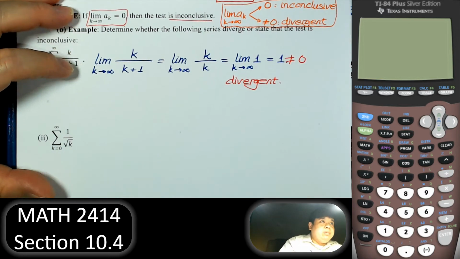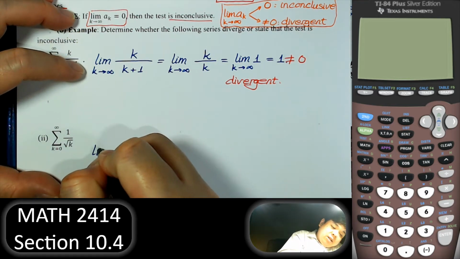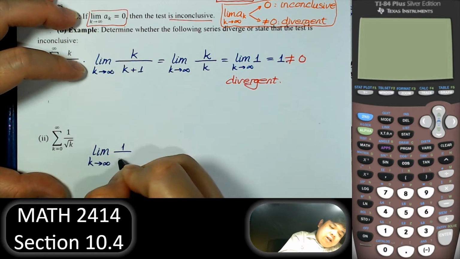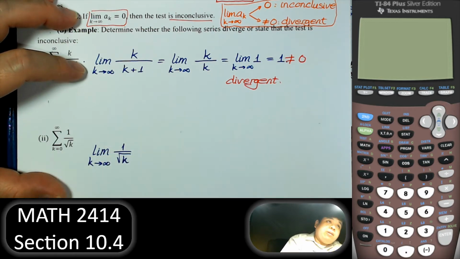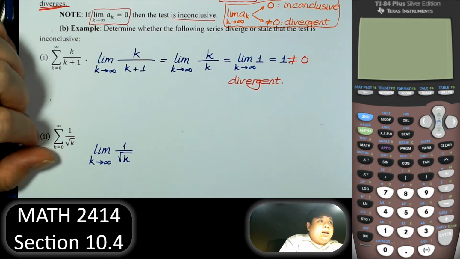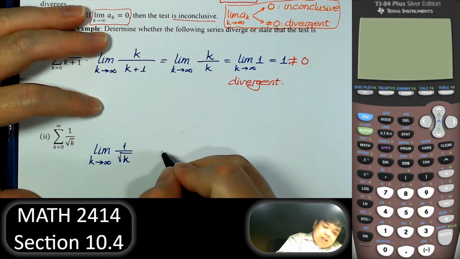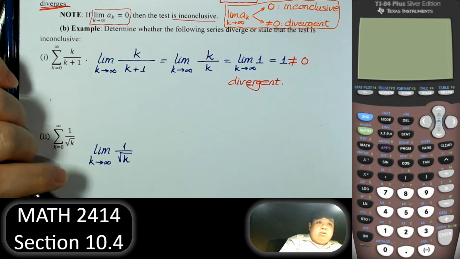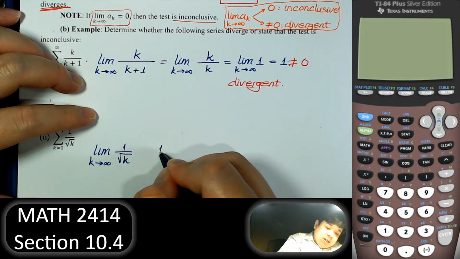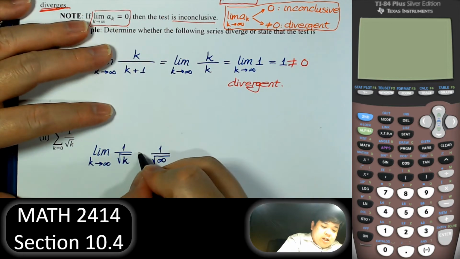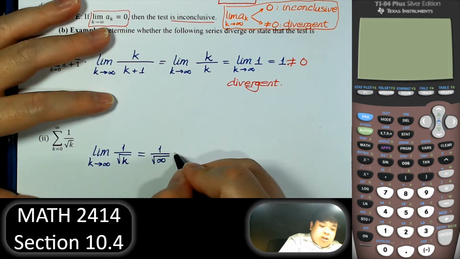Right, next one. Like I said, we just take the limit as k goes to infinity of that. Now, we have infinity here: on the top is a finite number, the bottom is the square root of infinity, still infinity.